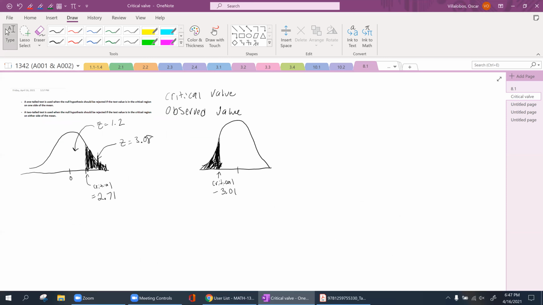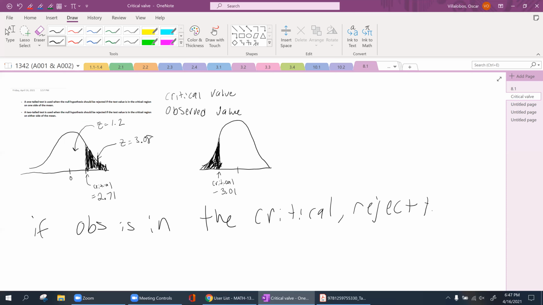So, if your observed value is in the critical region, reject the null hypothesis.